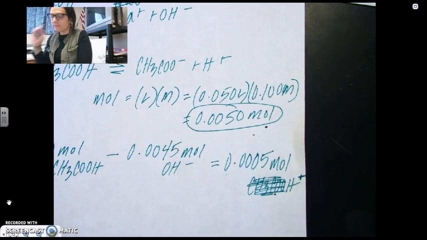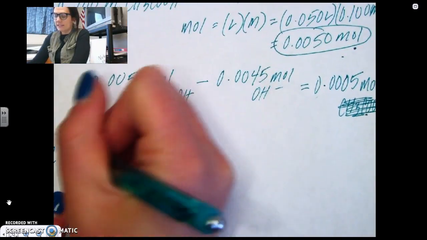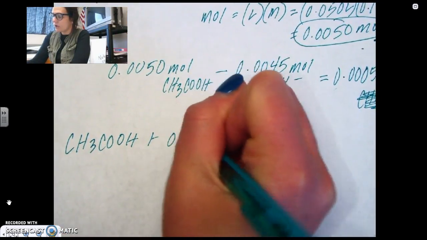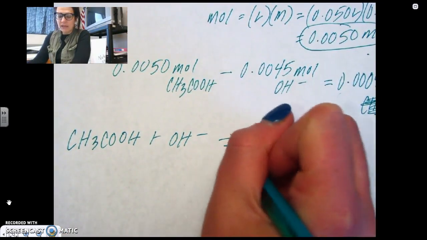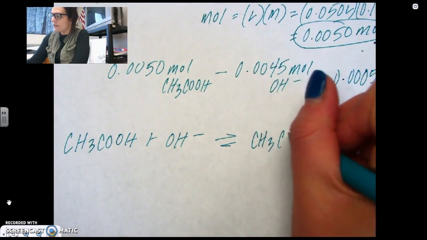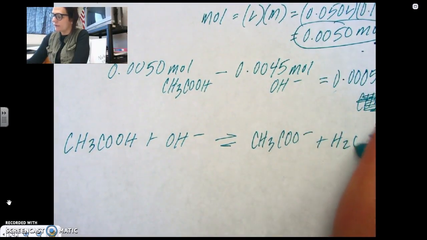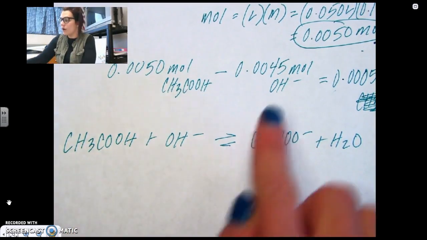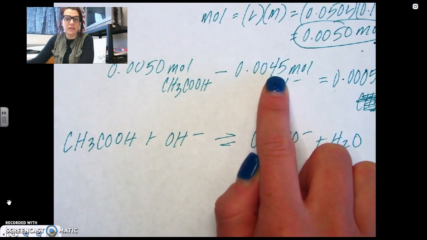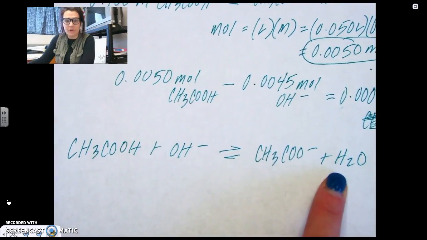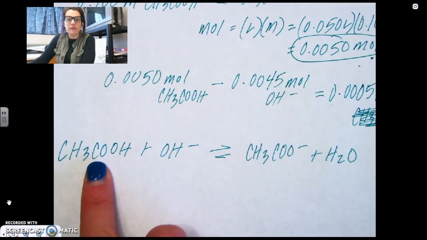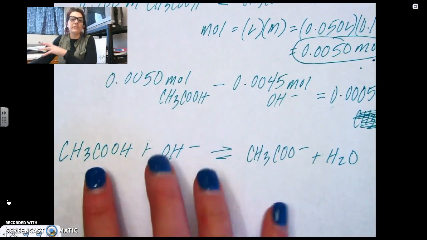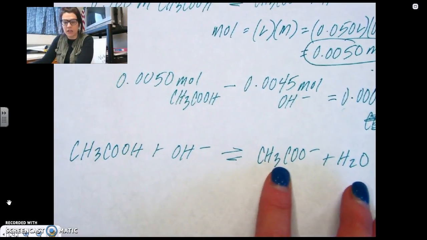So ultimately, the reaction is CH3COOH plus hydroxide making CH3COO- plus water. The hydroxide is stealing the proton from here, 0.0045 of it, and making water. Since it's not taking all of it, I have some of the conjugate base left. Whatever it takes from here is what I have for the conjugate base.